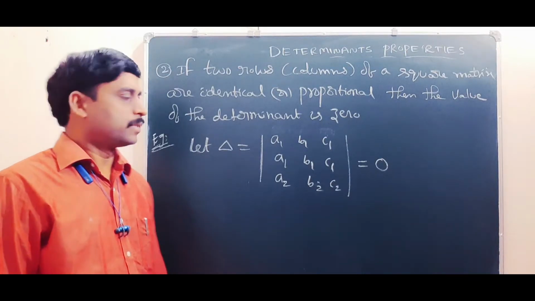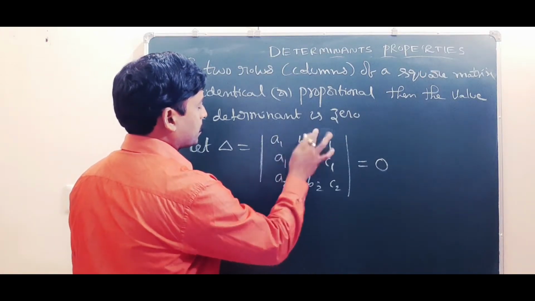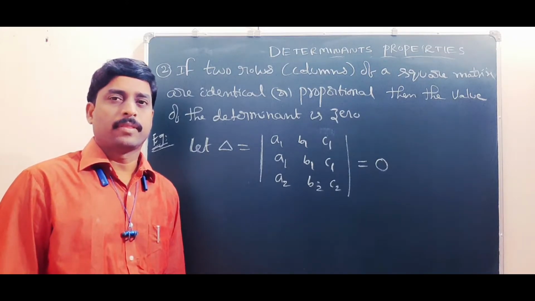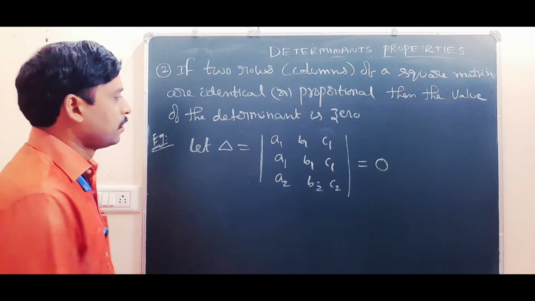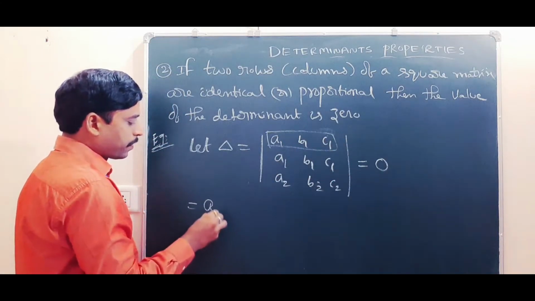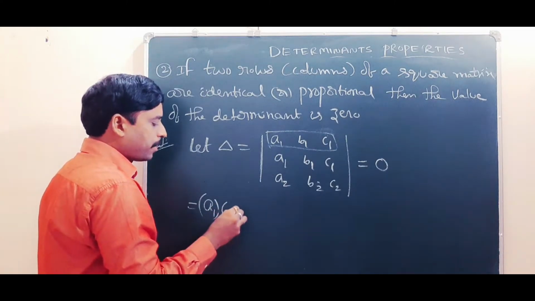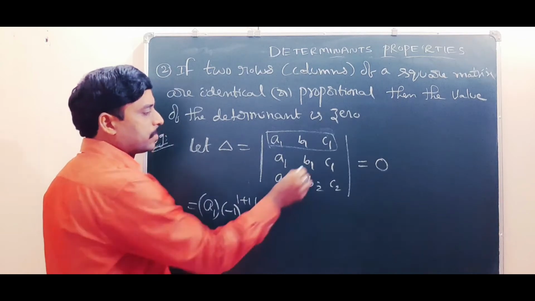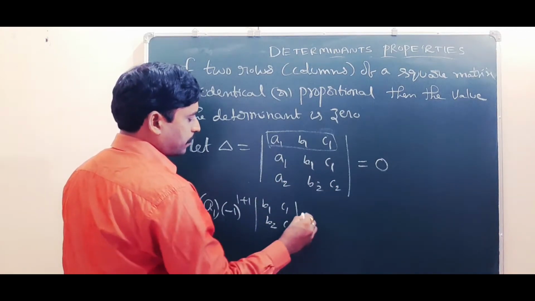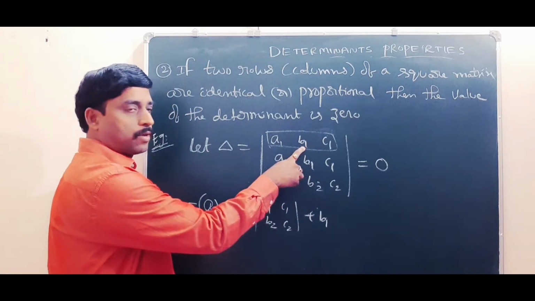Okay, now explain this example. So the determinant of a 3 by 3 matrix, what is the process? The sum of the product of the elements of any row or column with their corresponding cofactors. So let us take the first row: A1 into cofactor of A1. Cofactor of A1 will be minus 1 power 1 plus 1 into the determinant of B2, C2, B3, C3. Plus B1 into cofactor of B1.